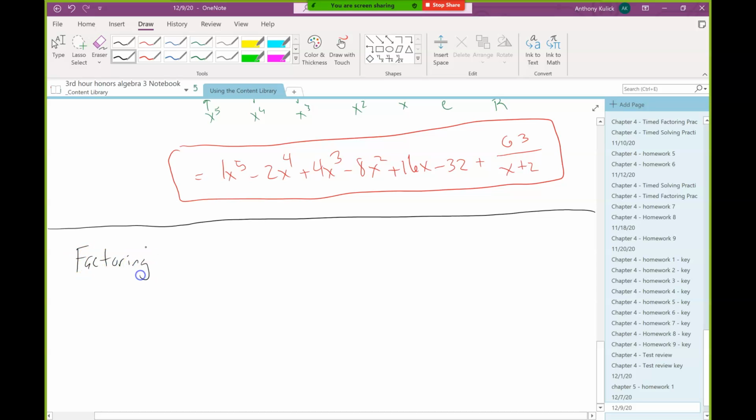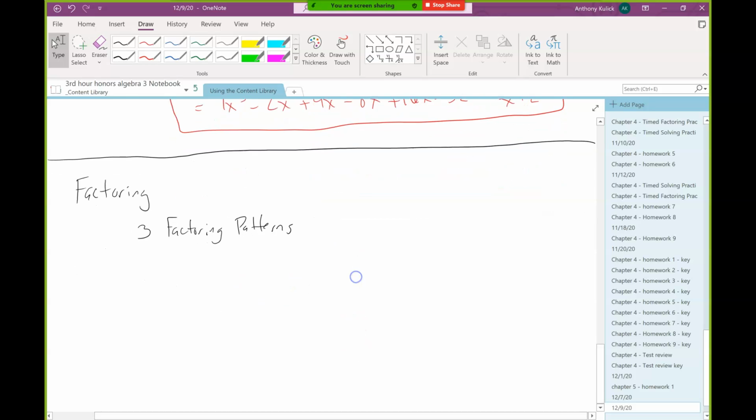We'll start talking about some factoring topics now. So we're going to talk about 3 specific factoring patterns. So the first one is the sum or difference of 2 cubes.